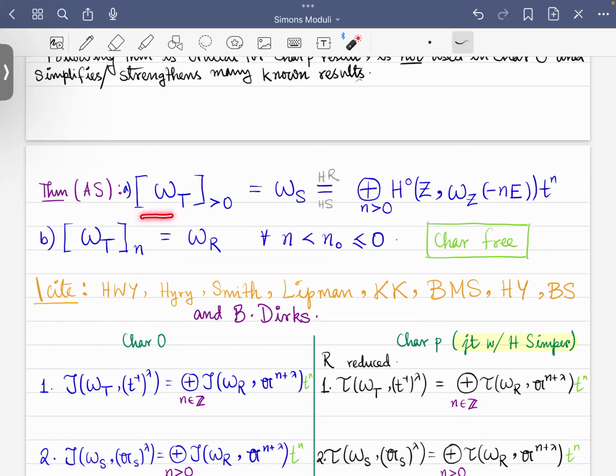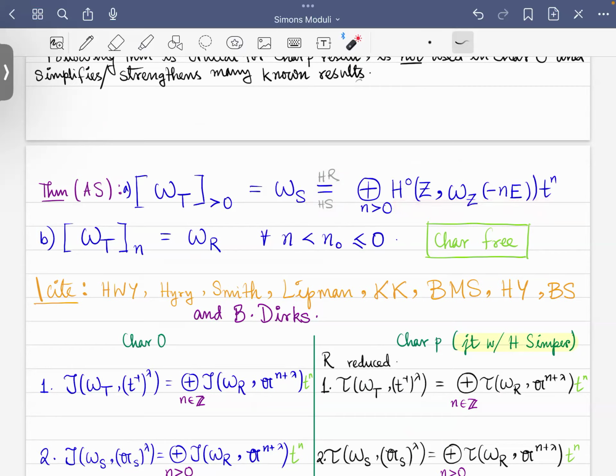This says the canonical module of the extended Rees algebra. We describe the canonical module completely in the positive degrees. We prove that the positive part of the canonical module matches the canonical module of the Rees algebra, which was computed by Hyry, Smith, Hochster, Roberts, and other mathematicians by this geometric object.